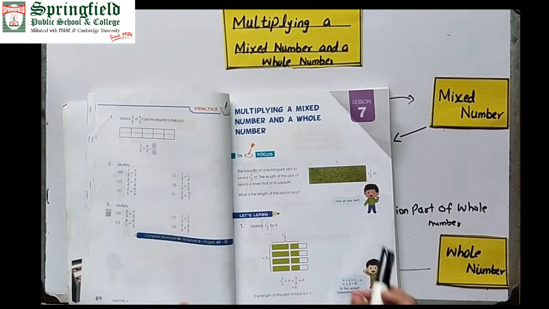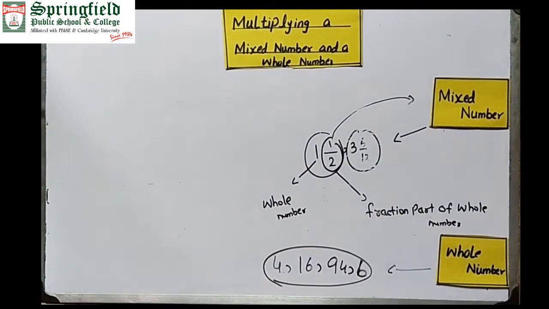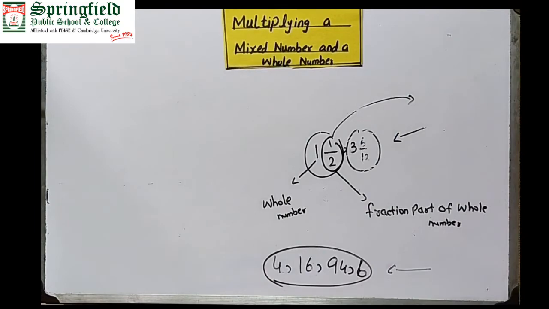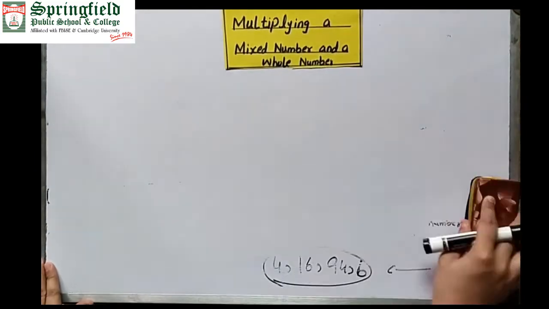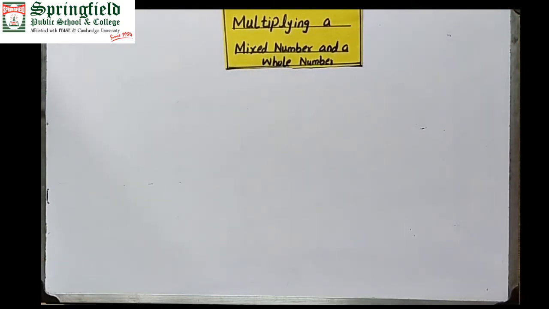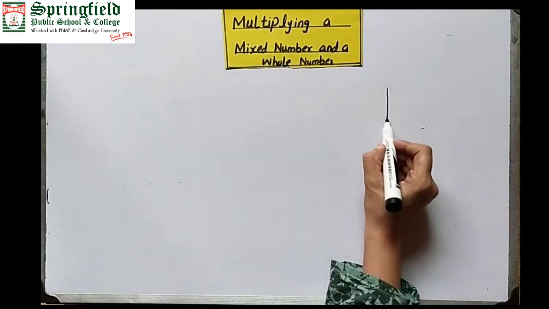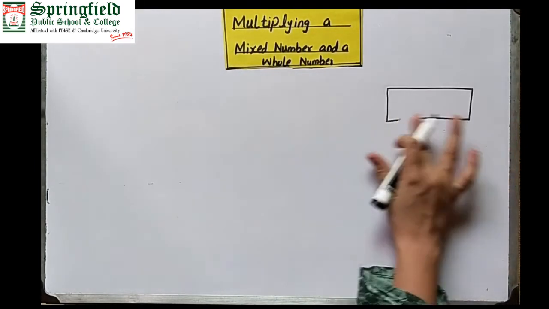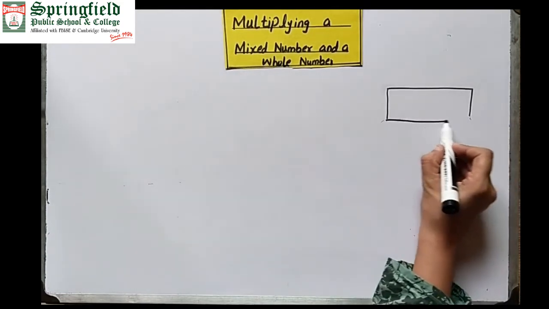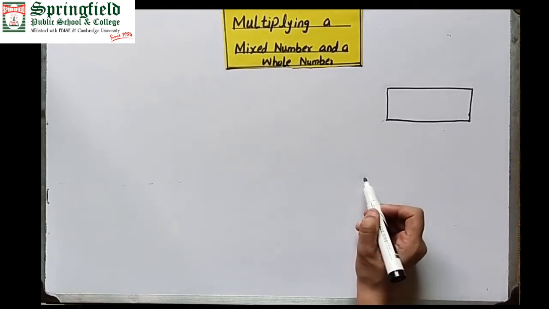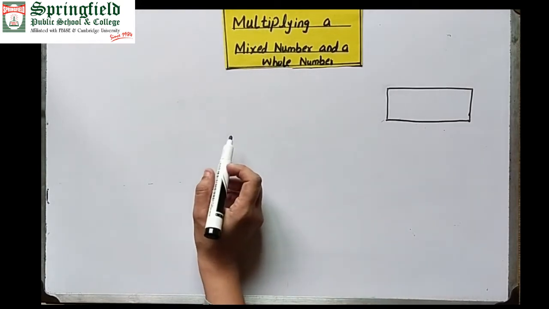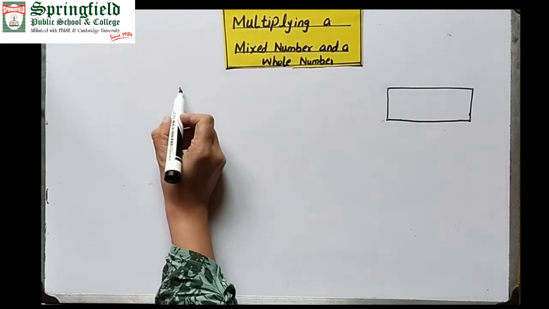Now how can we solve this question? Look at the board. They are saying a rectangular plot; rectangular means two sides are the same length. So B represents the breadth.